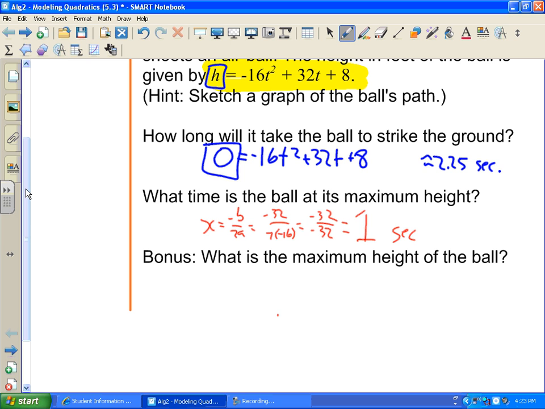Maximum height is going to be the y value at the vertex. Well, I know this function is modeled by h equals negative 16t squared plus 32t plus 8. I want to know what the height is, that's h, when x is at its max. So what is the height at the vertex?